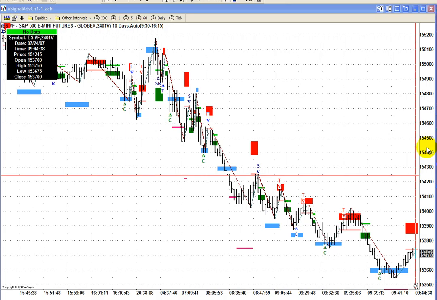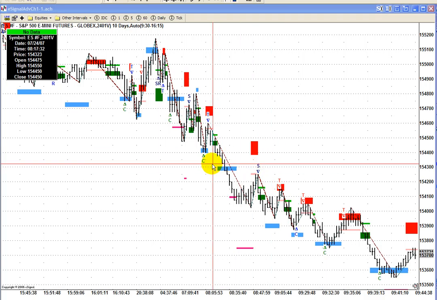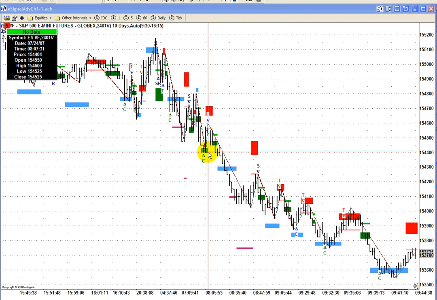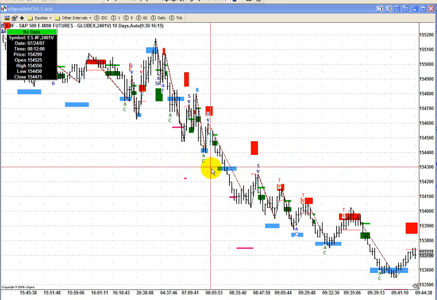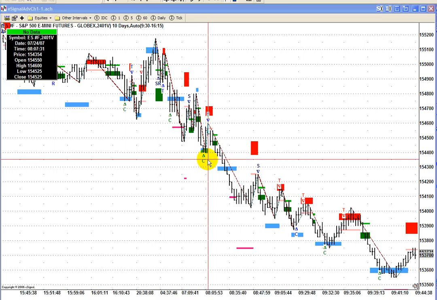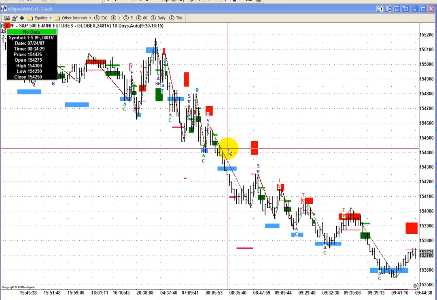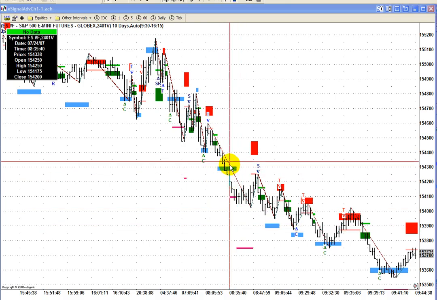For the ZoneTraderPro statistics, we start at 8 o'clock in the morning, and our first trade at 8 o'clock in the morning is a counter trend trade. Counter trend trades are identified as a C with the appropriate arrow, up being for long and down being for short.